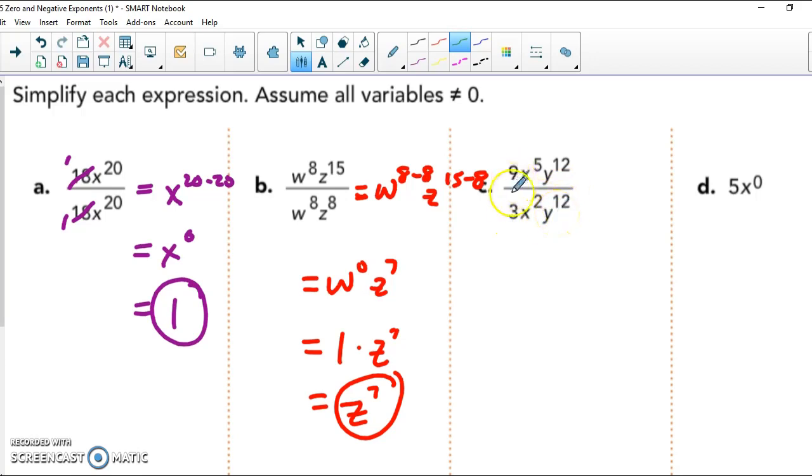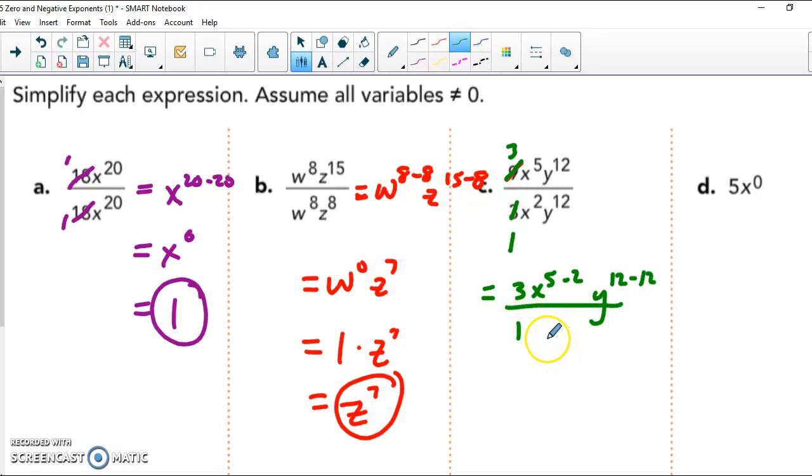So I'm going to start with my coefficients. 9 divided by 3, we'll cancel. 9 divided by 3 is 3. 3 divided by 3 is 1. Now I have x to the 5th divided by x squared. So I'm going to do x to the 5 minus 2 power and y to the 12 minus 12 power.